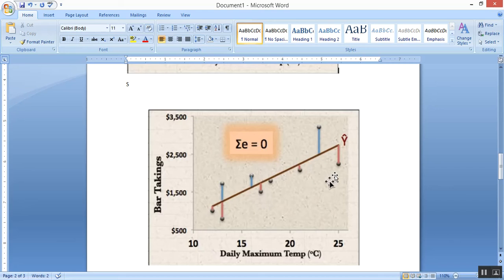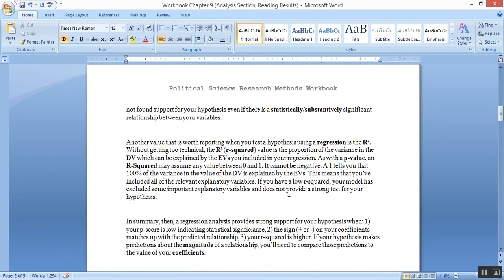So by squaring all of these distances, we are getting rid of the negatives so that we can calculate the sum distance, the sum total number of units separating each observation from the best fit line. And that distance, that aggregate, is going to be measured as an r-squared value. Now again, when you run your regression, none of that is going to show up.